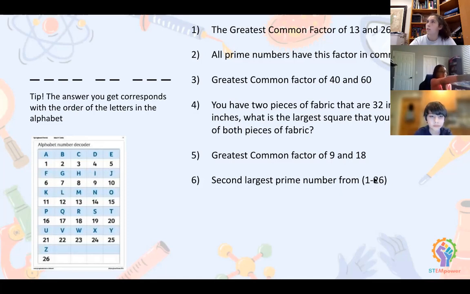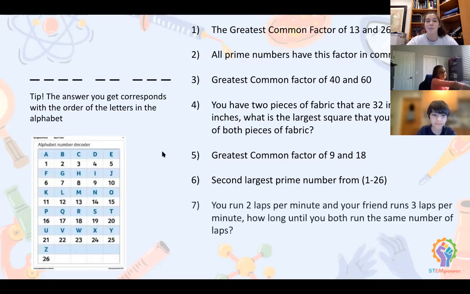So you have 26, 25, 24, 23 is a prime number. 22, 21, 20, 19. 19? 17. Yeah, but 19 is the second largest. So that corresponds to an S. It's probably maybe math.